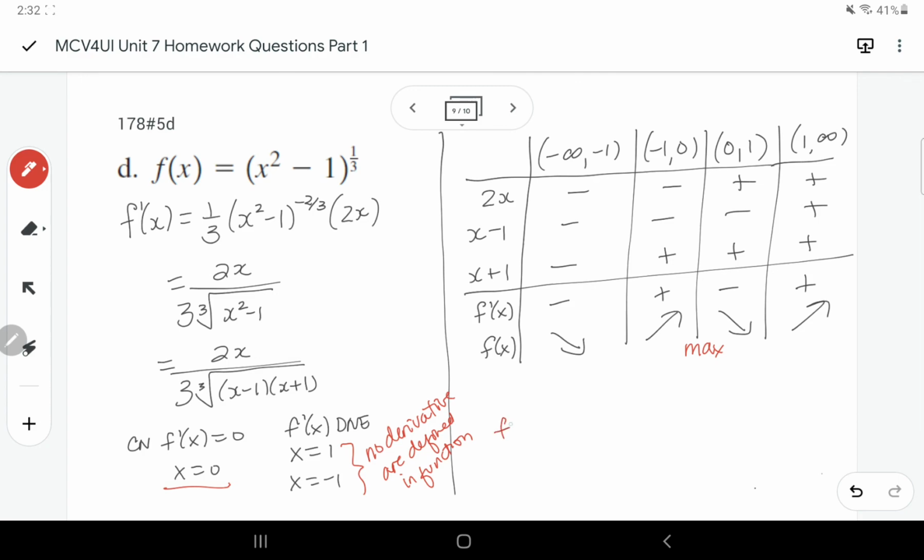Like we could have f at 1 would just equal 0, and f at negative 1 would just equal 0. So this is actually a min at negative 1, 0, and a min here at 1, 0, and a max would be if we put in x equals 0, that we would come up with that max.